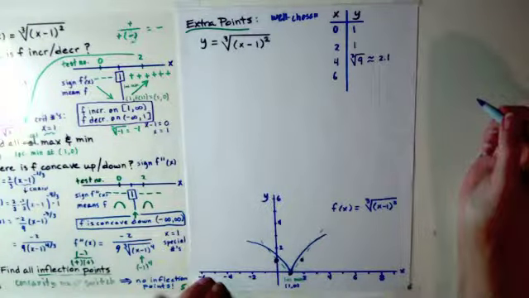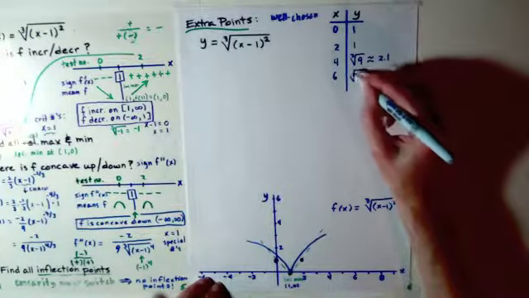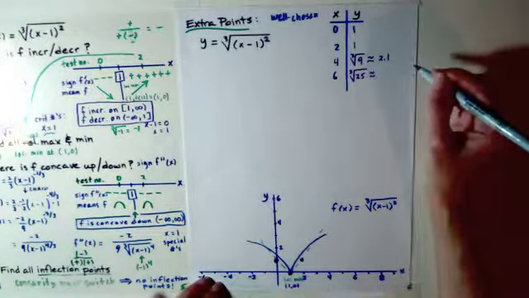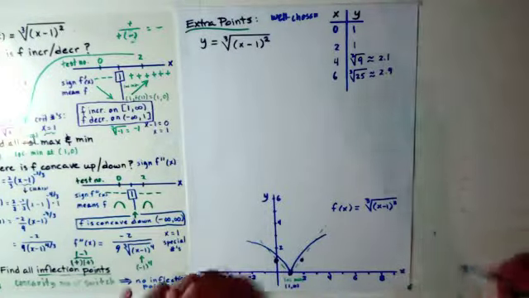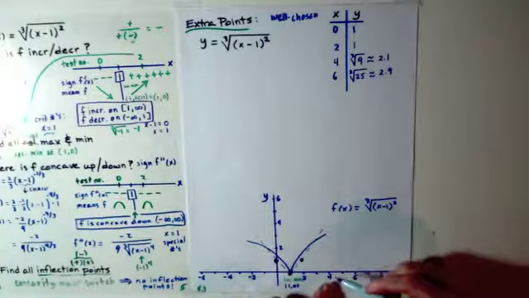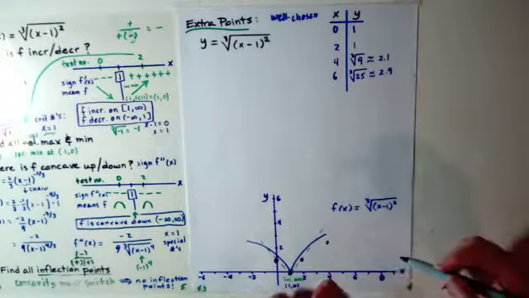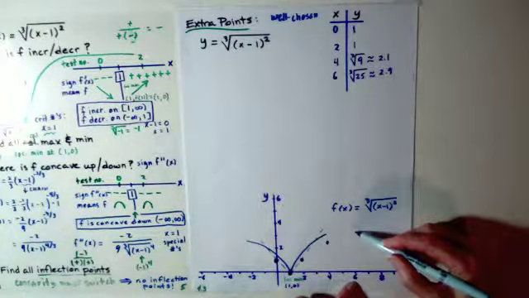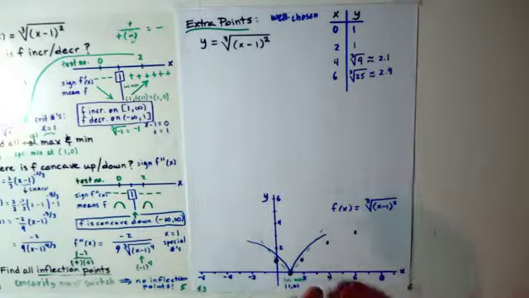And I believe if you put in 6, you'll get cube root of 25, which is approximately 2.9. So let me just add those values in here. When I put in 4, I go up to about 2.1. So you can see my graph is just a little too steep in this case. And when I put in 6, you go up to almost 3. So that would be maybe right here.